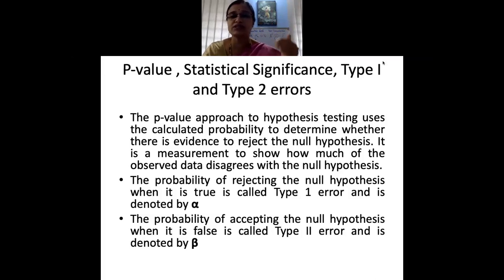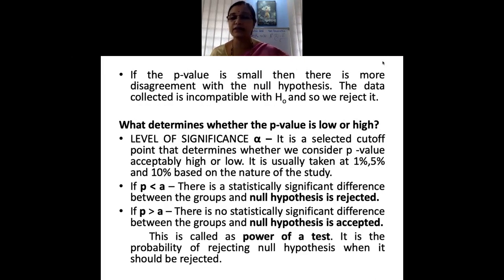So yesterday we discussed in detail what is the probability value of estimate, that is your p value. Then how do you take this type 1 error, that is the alpha, and compare the alpha and the p value. If the p value is less than the alpha value, then you say that there is a statistically significant relationship between the groups, and the null hypothesis gets rejected.